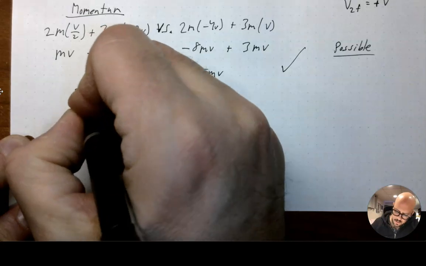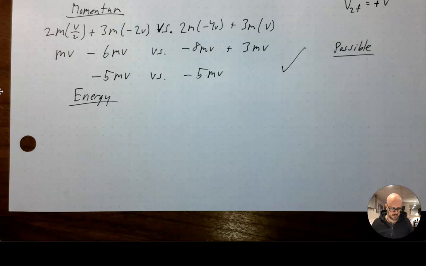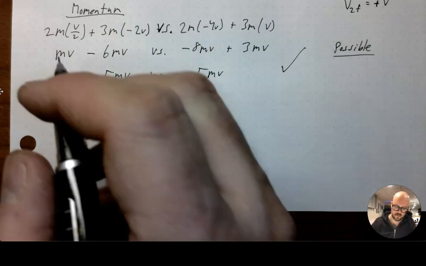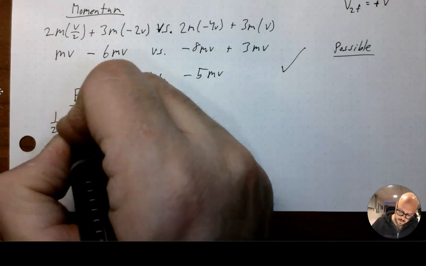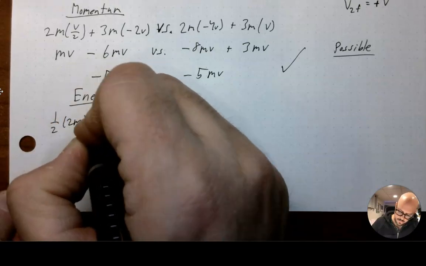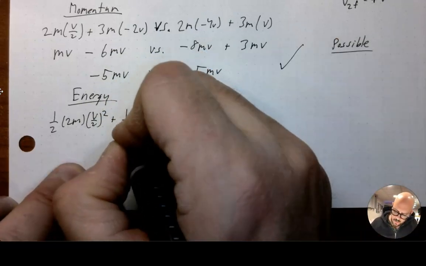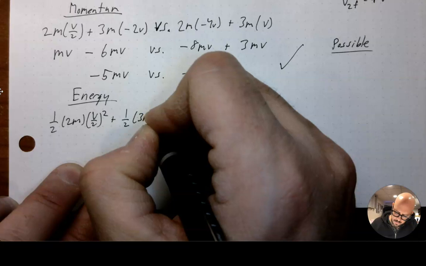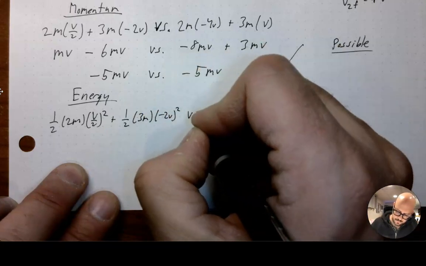So I now turn to energy, and I'm going to calculate the kinetic energy for each object. So the first object, I do 1/2 times 2m times v over 2 quantity squared. For the second object, I do 1/2 times 3m times negative 2v quantity squared.